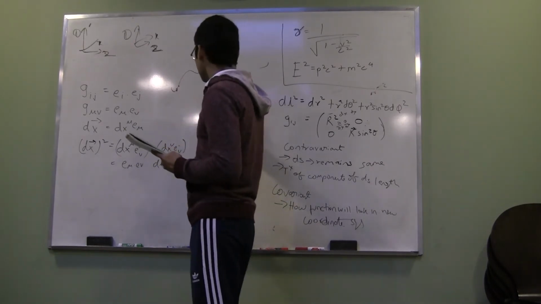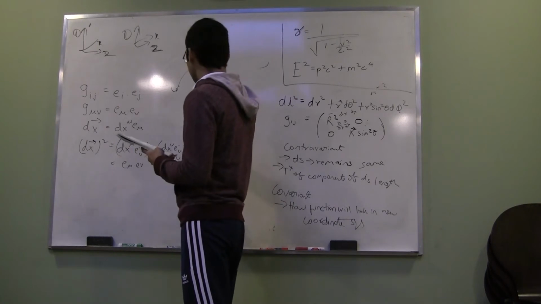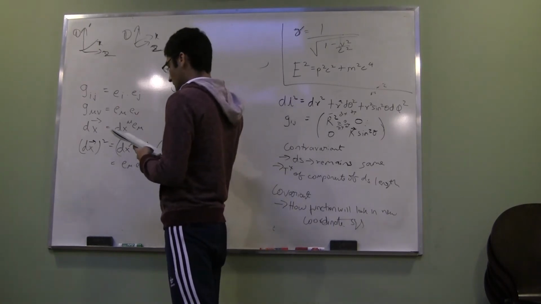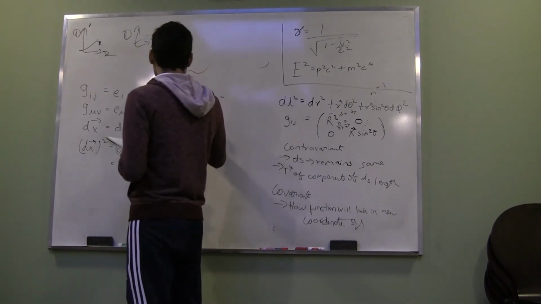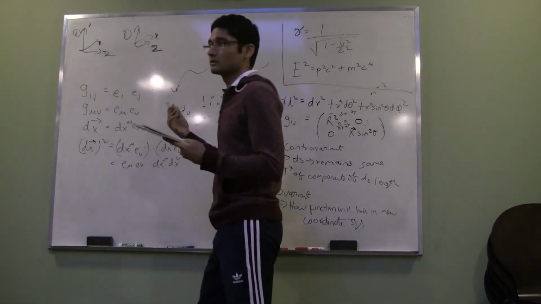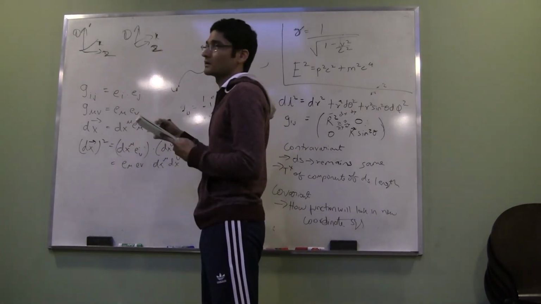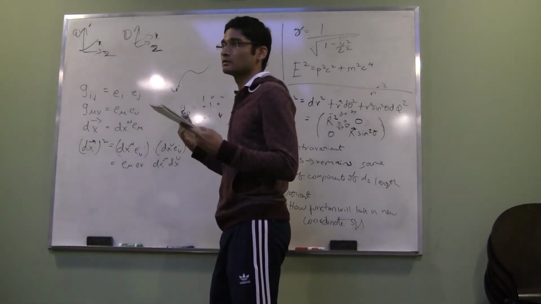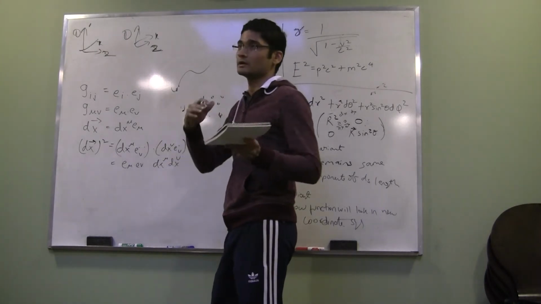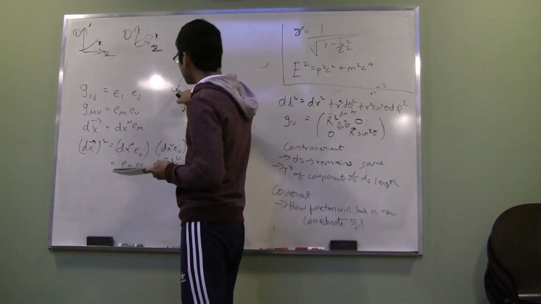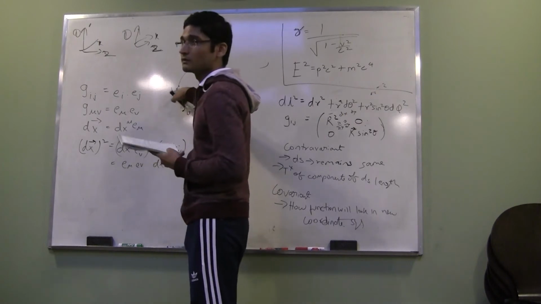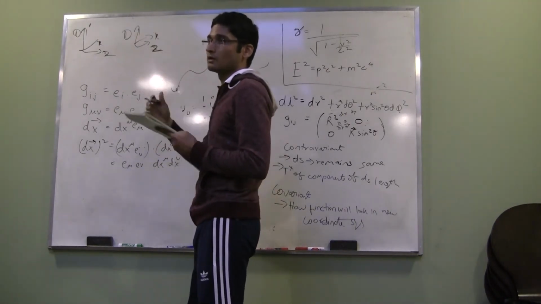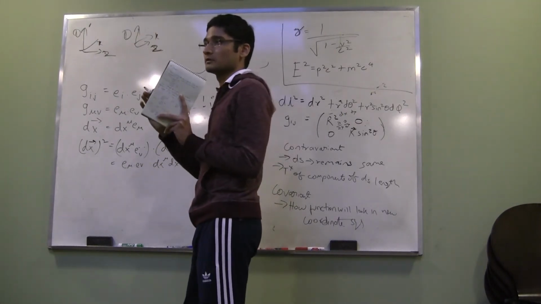So the metric tensor, g_ij downstairs, is like a function that tells you how the curve varies. You need this function, and how the curve is varying, to know the distance between two points.